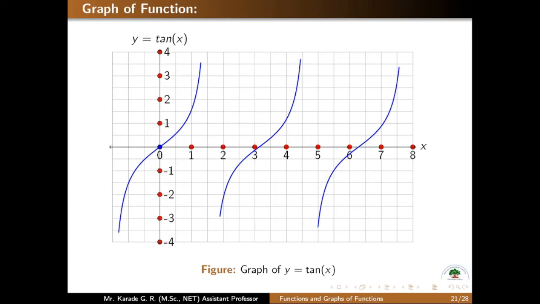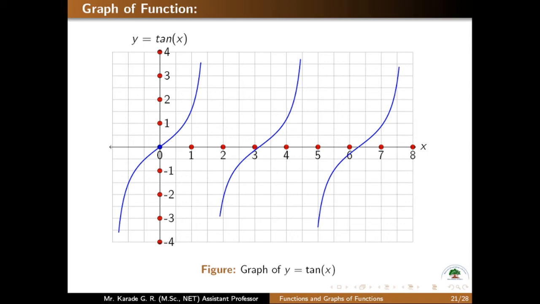The period of the tan function is pi. As you can see, the tan function has a period of pi radian, with each period separated by a vertical asymptote. The concept of amplitude does not really apply here.